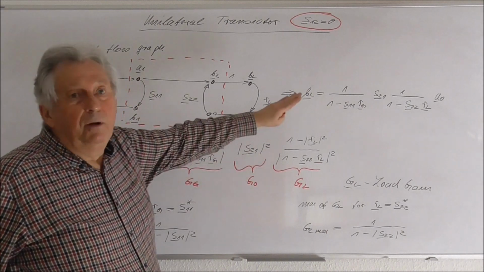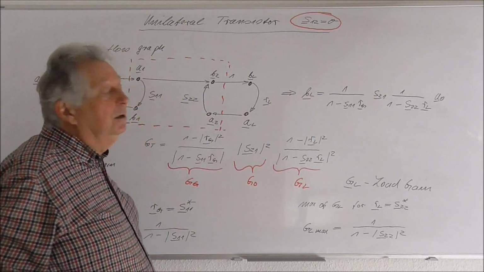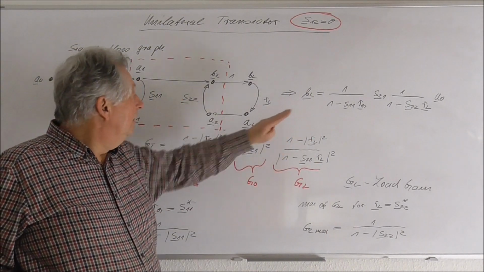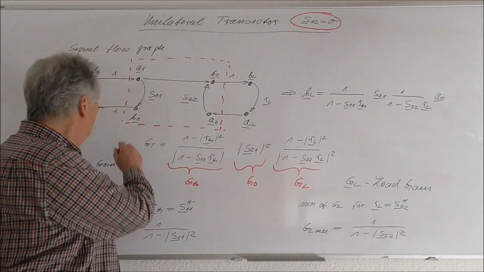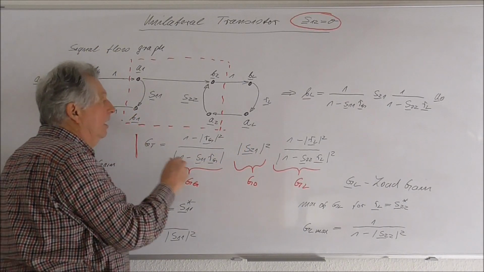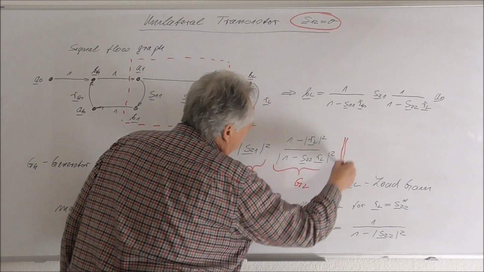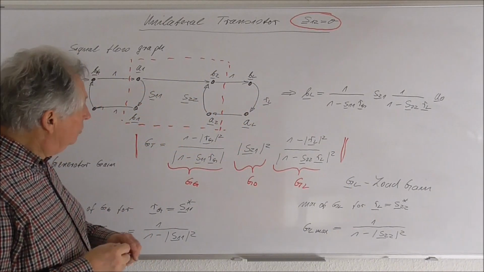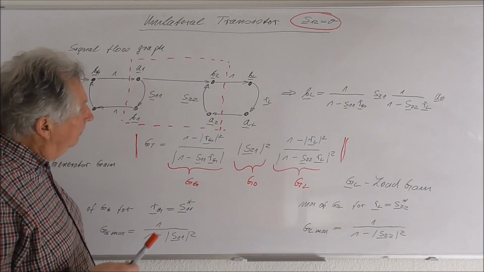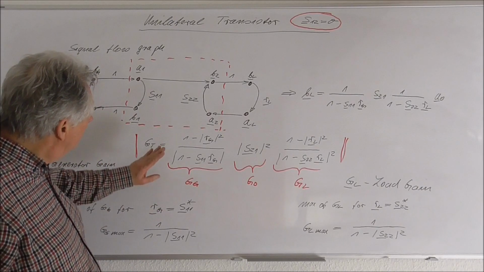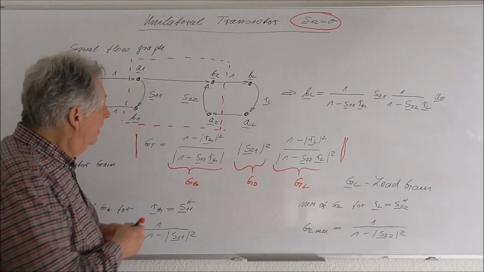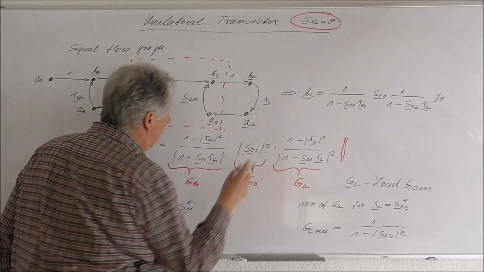This equation we can now insert into our equation for the transducer power gain, and so we end up with this equation here. And this is a very nice equation in the sense that it can be separated into three terms.